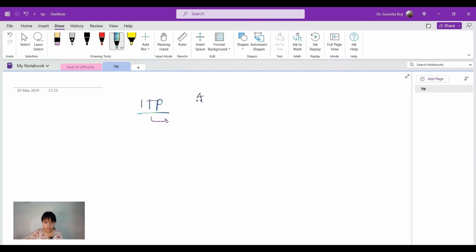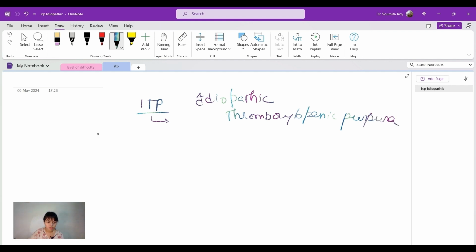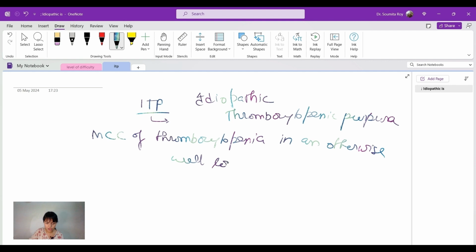So it is Idiopathic Thrombocytopenic Purpura. Okay. So this is the most common cause of thrombocytopenia in an otherwise well looking child.